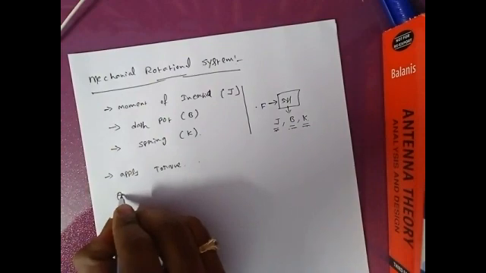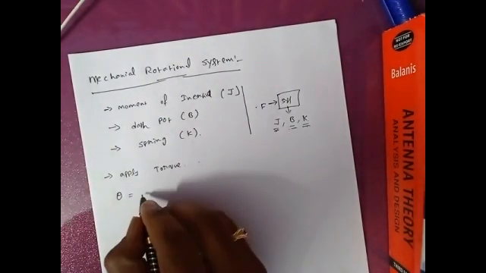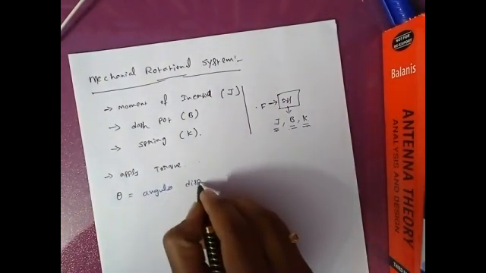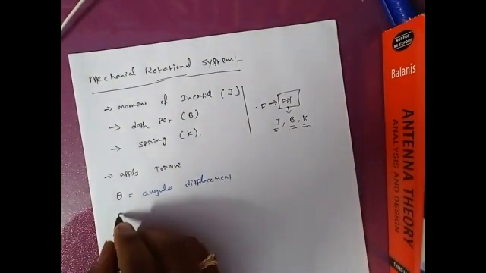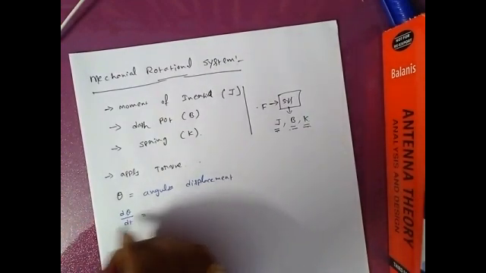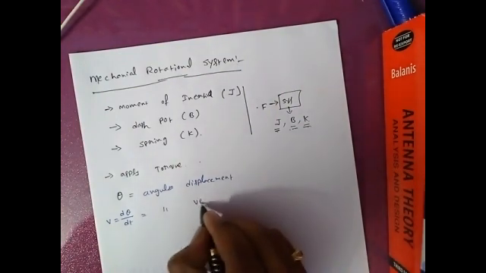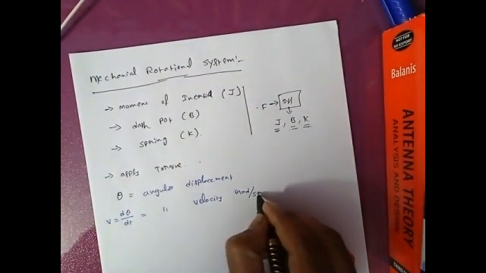The first symbol is theta. Theta represents the angular displacement, and angular velocity is represented by d theta by dt. The unit for angular velocity is radians per second.